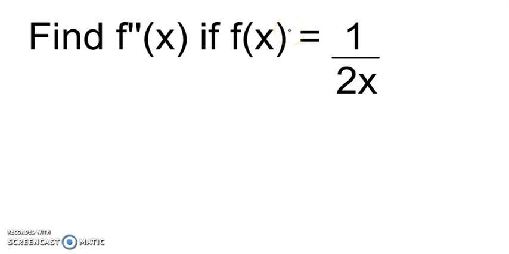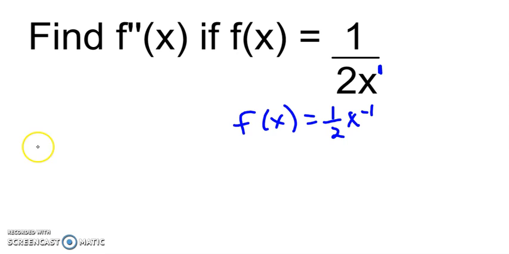In order to find the first derivative, however, we might want to rewrite this. So again, we have a number times a variable raised to an exponent. So if we rewrite that, my number is going to be a half. And then we need to move this x up to the numerator, so we make that exponent negative. So when we take the first derivative, we're using the power rule.